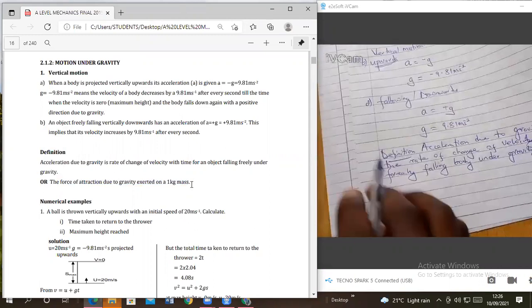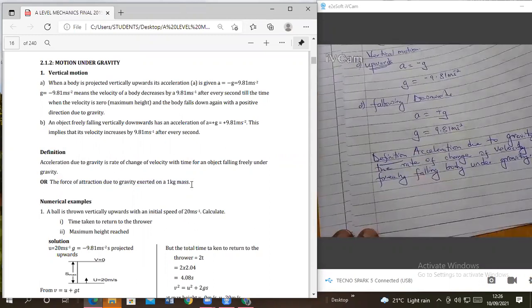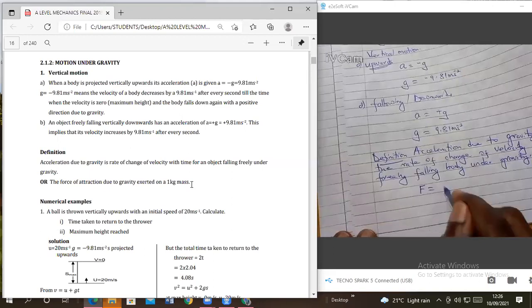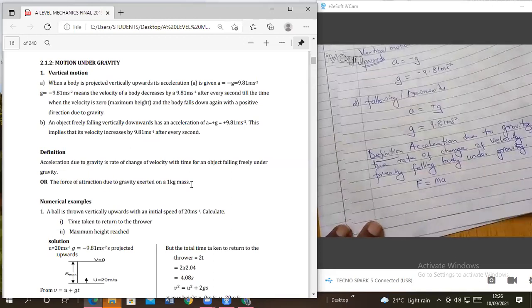So at that point, the force acting on a body is due to the weight of that body. Remember we said force is equal to mass times acceleration, F = ma. This is when the body is moving horizontally. But when a body is falling, the force exerted on it is due to its weight.